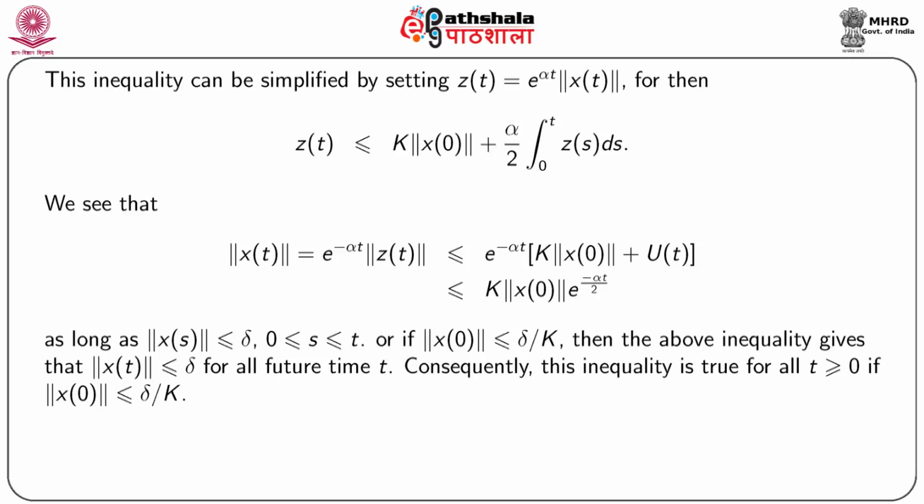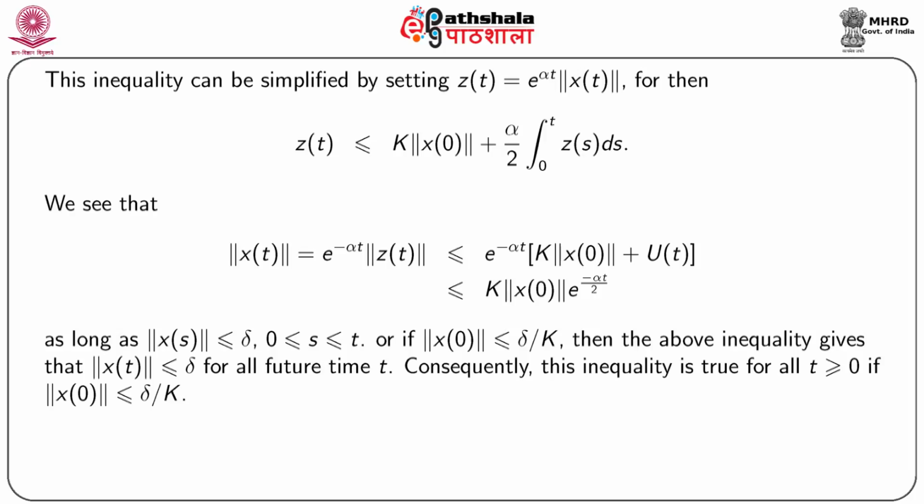This inequality can be simplified by setting z(t) equal to e^(alpha t) norm of x(t). Then z(t) is less or equal to k times norm of x(0) plus alpha by 2 integration 0 to t z(s) ds.